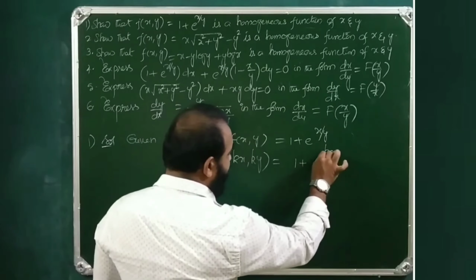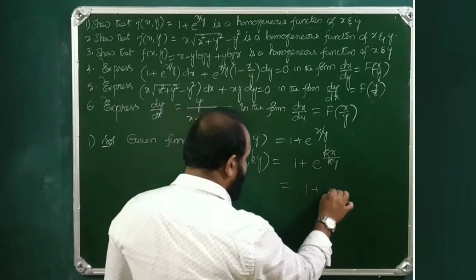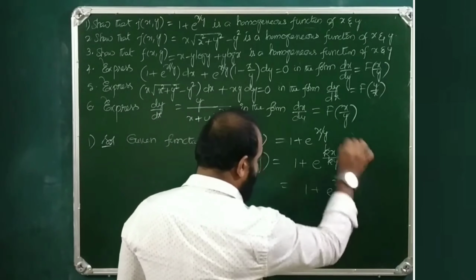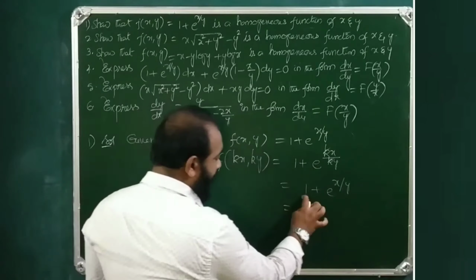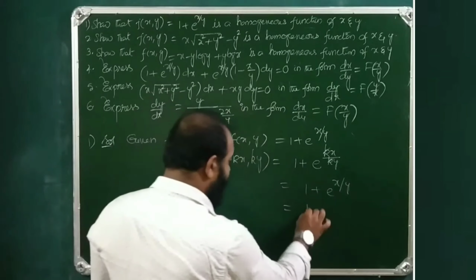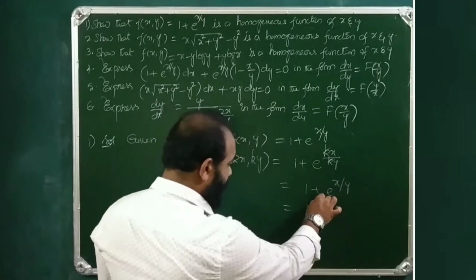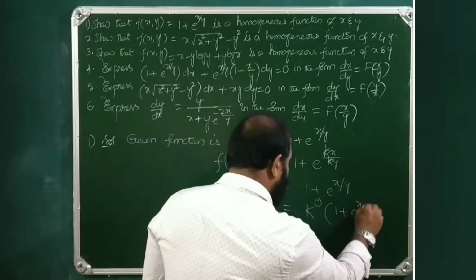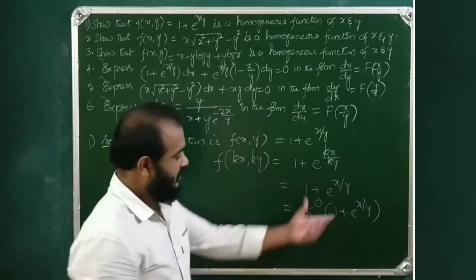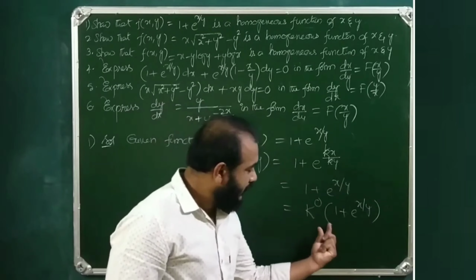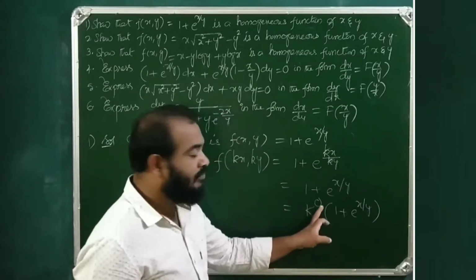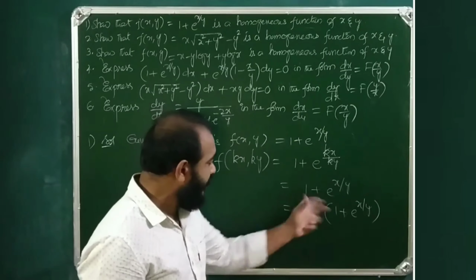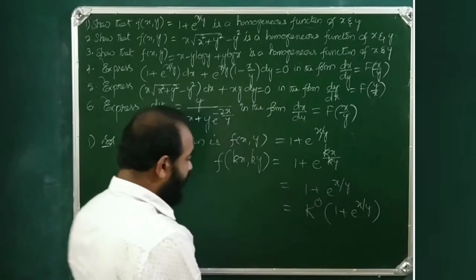Then this k gets cancelled, and I am left with e power x by y. So can I write it as k power 0 into 1 plus e power x by y? k power 0 is 1, so 1 into this is this again.